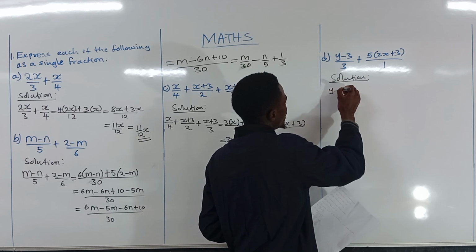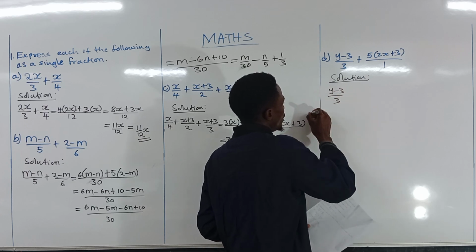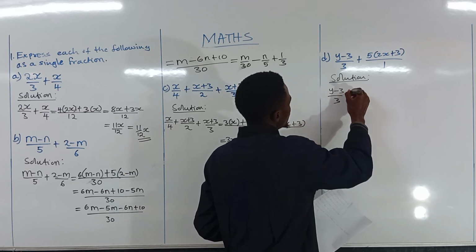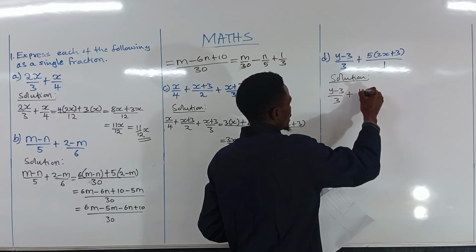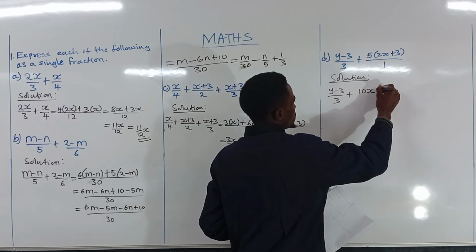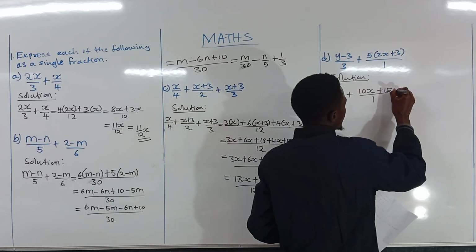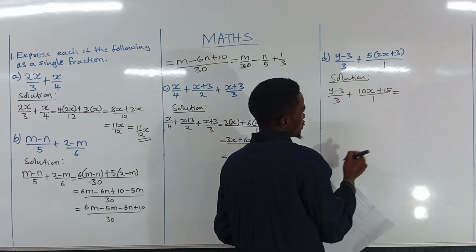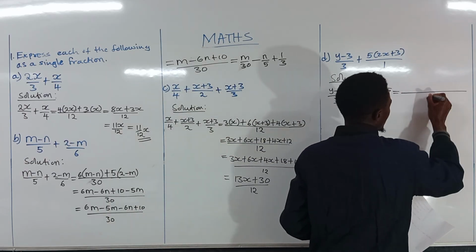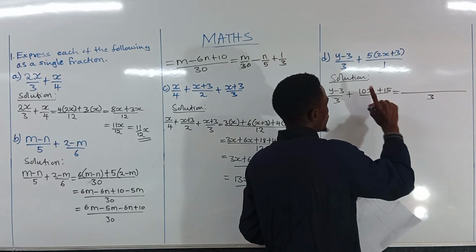So the solution becomes y minus 3 out of 3, and then we're going to have plus 5 times 2 is 10x plus 15 out of 1. So we are going to have the LCM of this. The LCM is still 3. So 3 divides 3 once.